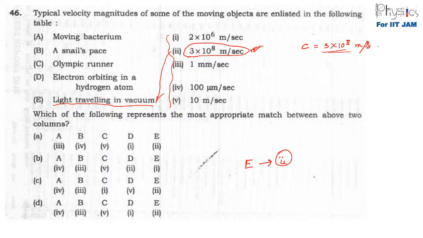Now what is the next obvious one? You may or may not know about an electron orbiting in a hydrogen atom, or the velocity of an Olympic runner, or a snail space and a moving bacterium.